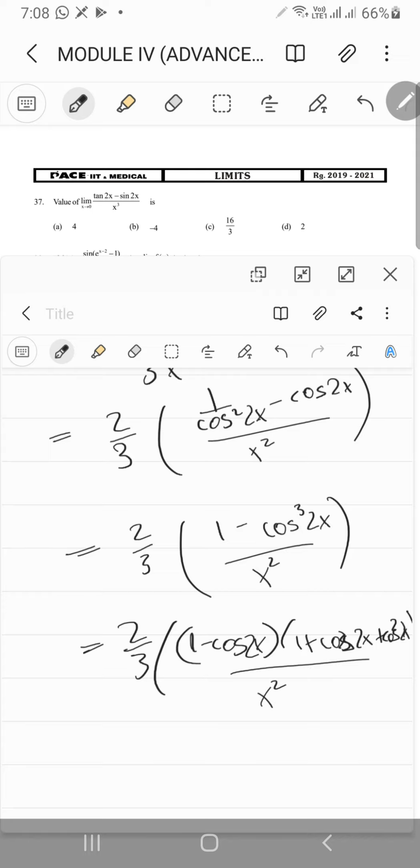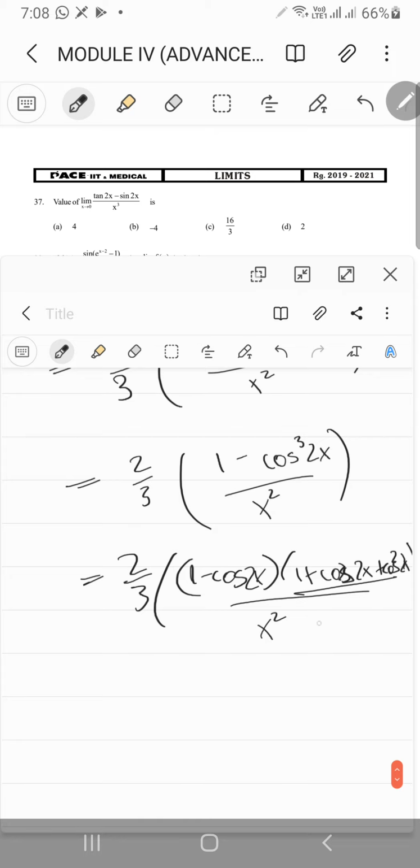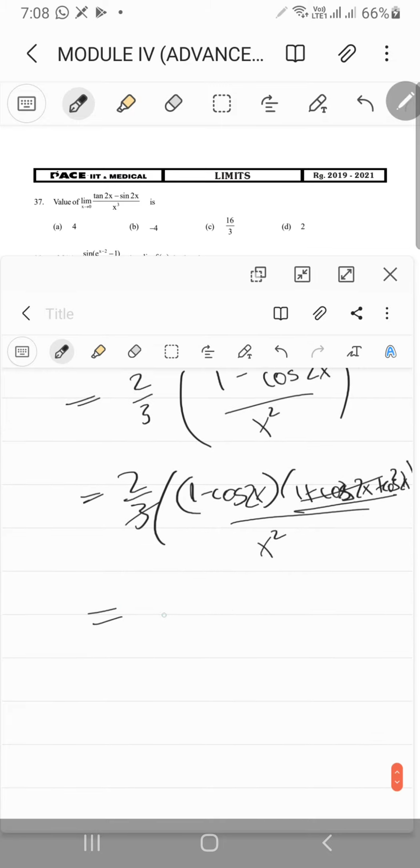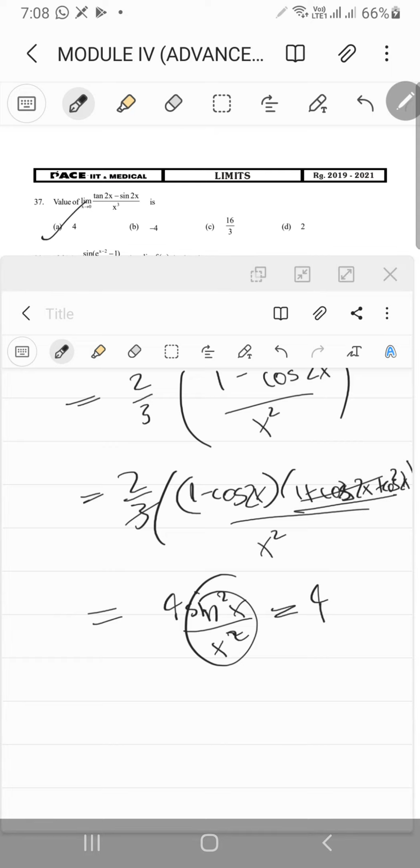Now just put x tends to 0 into this little part, you get 3, so this can cancel with that. So this is going to be 4 sine squared x upon x squared, and this goes to 1, so this is just 4.